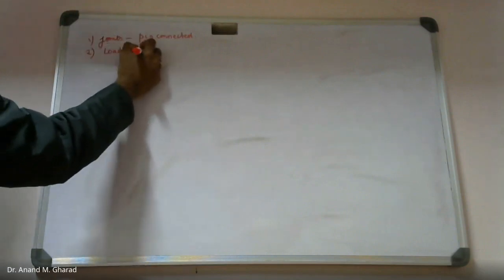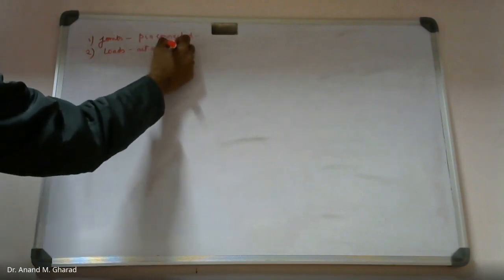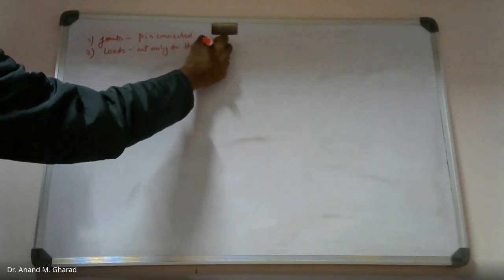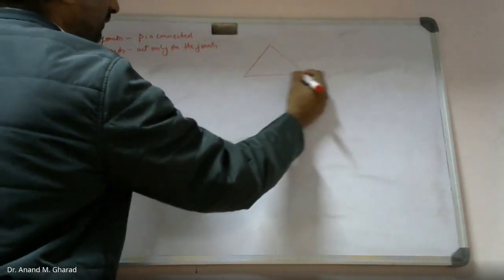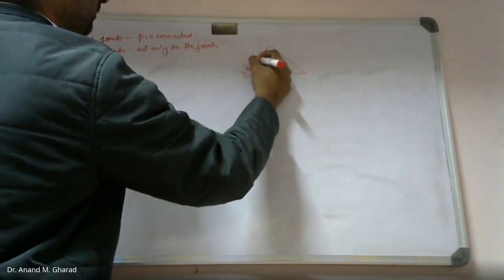Loads act only on the joints. That means you will never find in a truss such a situation wherein the loads are actually acting on the member.